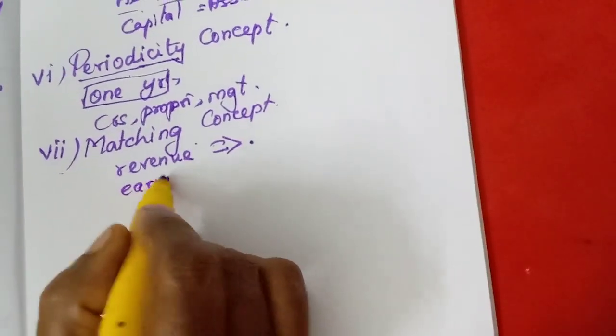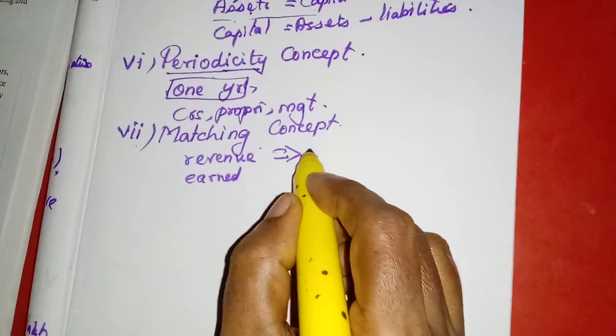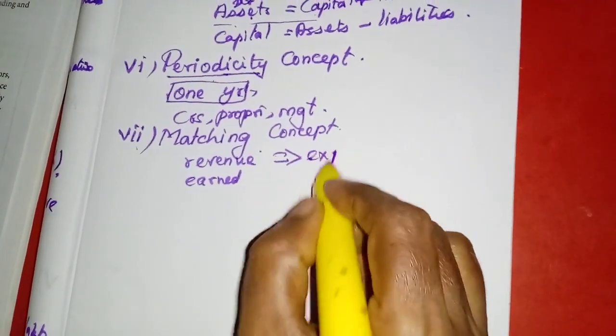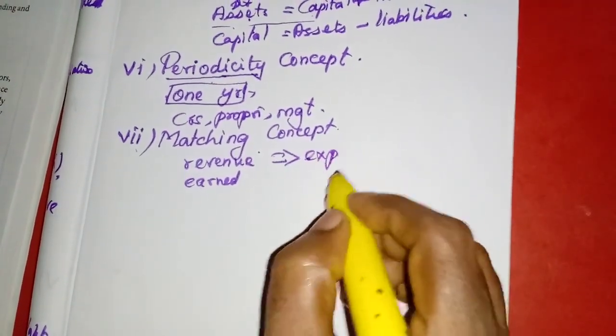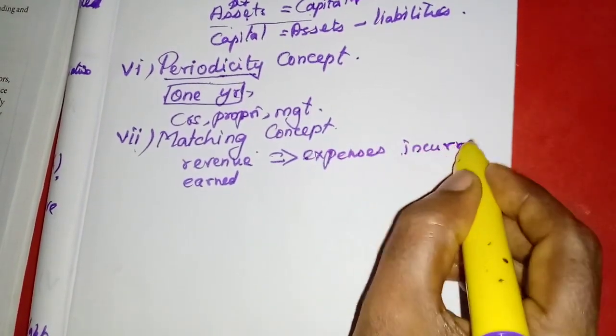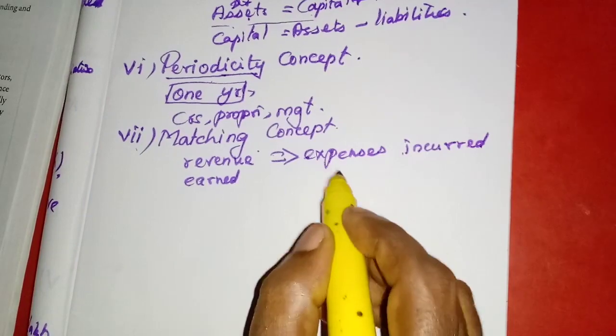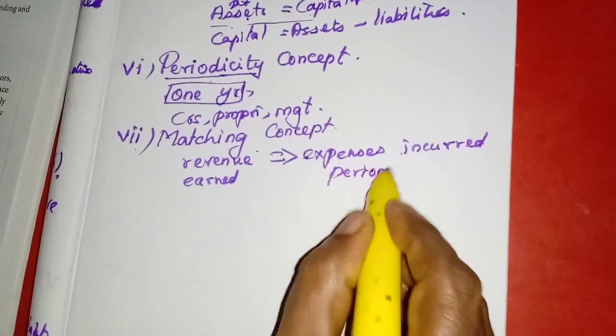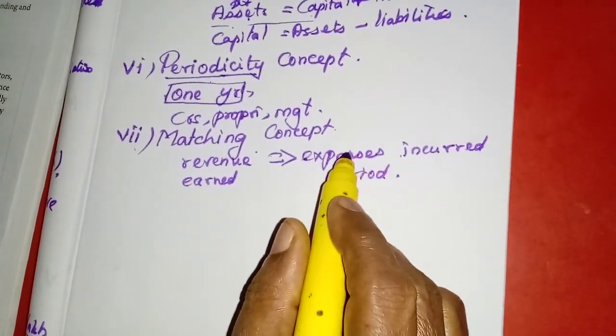All the revenue that we earn will be matched with the expenses incurred during that particular period. So it is based on the periodicity concept.